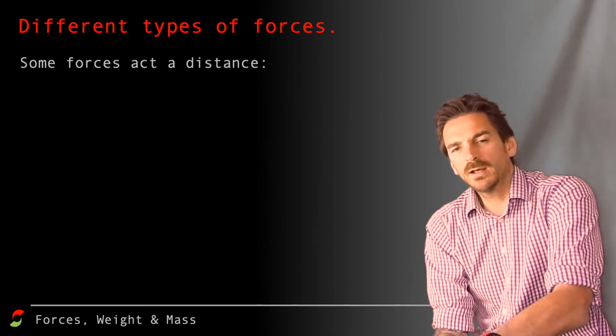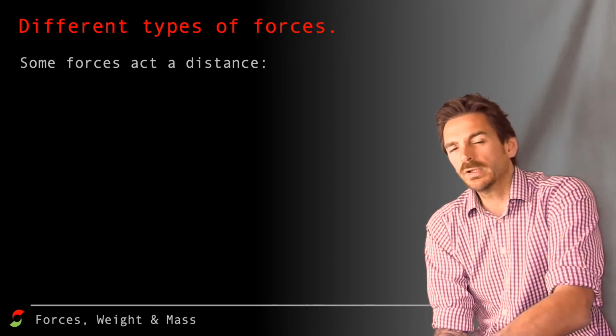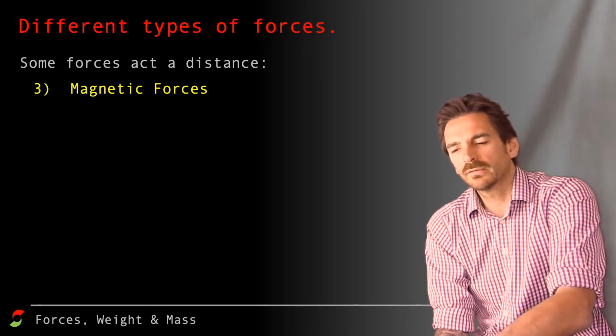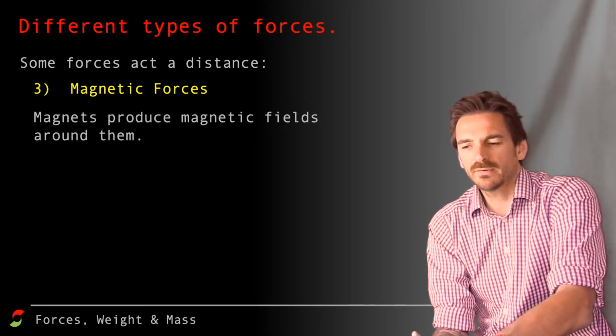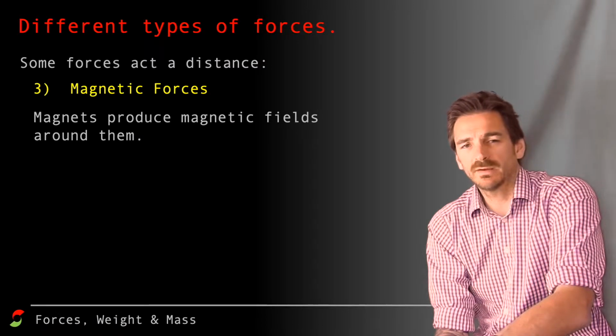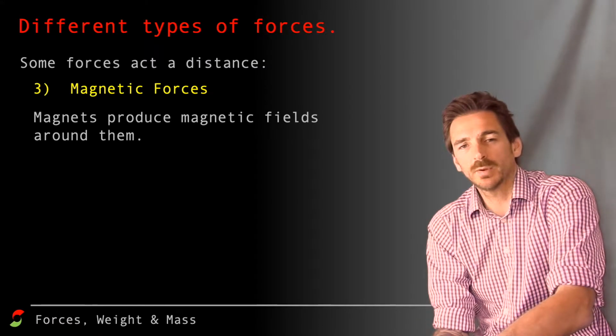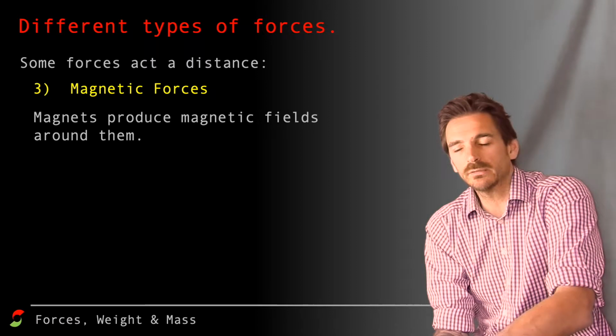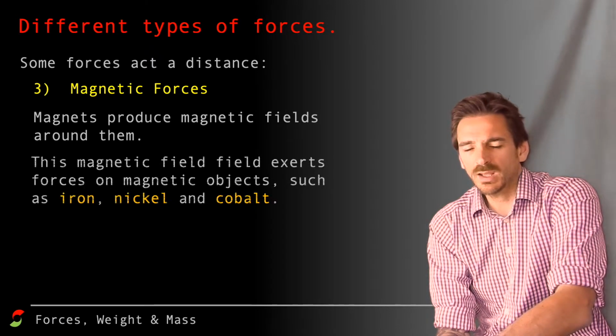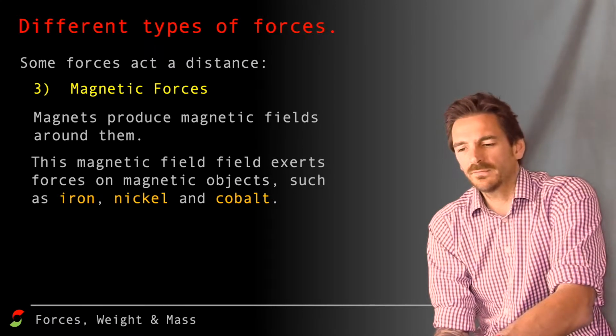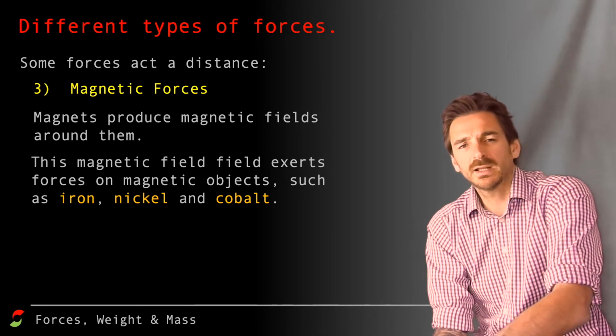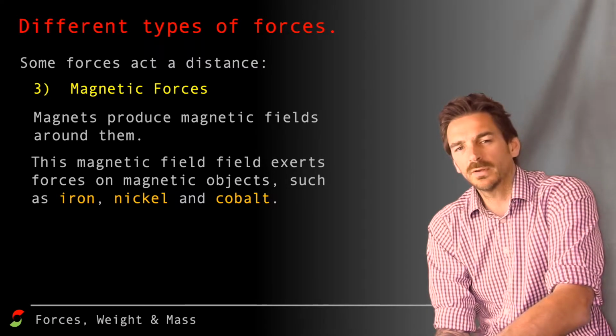The last force that acts at a distance that you need to know about is magnetic forces. Quite simply, magnetic forces are produced by magnetic fields, and magnetic fields are produced by magnets. That's all you need to know about that. These magnetic fields exert forces on magnetic objects within that field.